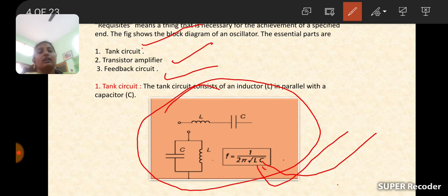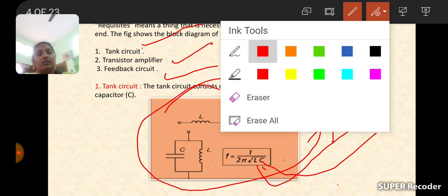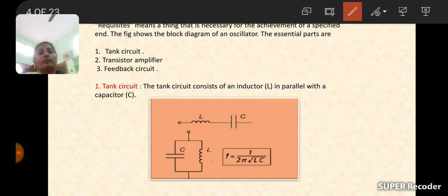By placing the inductor and capacitor values, we can theoretically find the frequency of oscillations produced by the oscillator. Is it clear? Even without measuring the frequency, mathematically we can find it by putting the values of inductor and capacitor in the formula: f equals 1 by 2 pi square root of LC.